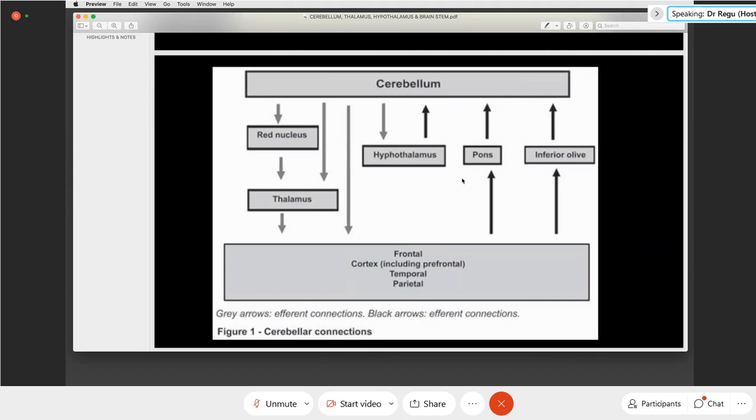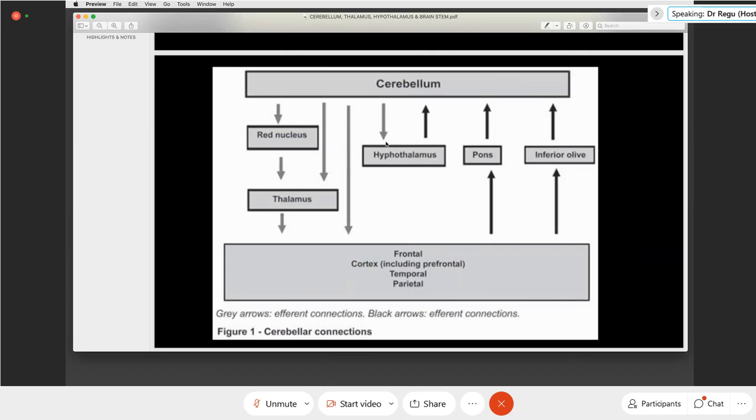Essentially, the cerebellum receives afferents from a lot of these structures: the spine, the red nucleus, and at the same time, it works. We'll focus on this half first, on the right side. From the brain, sometimes directly, sometimes through the olive to the cerebellum, from the hypothalamus to the cerebellum, and the pons to the cerebellum. The outflow tract of the cerebellum goes through the Purkinje cells.